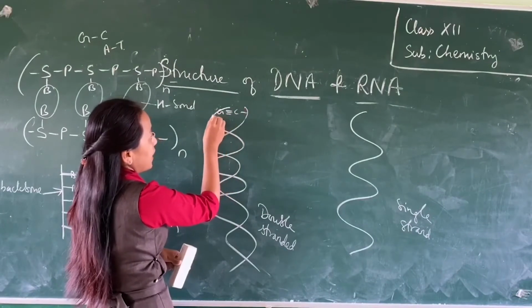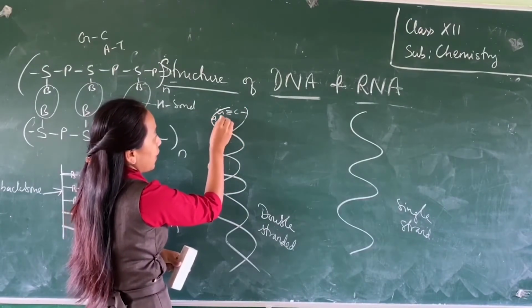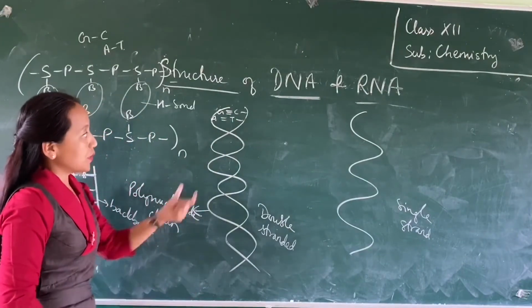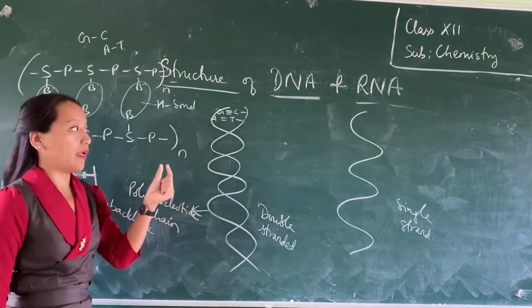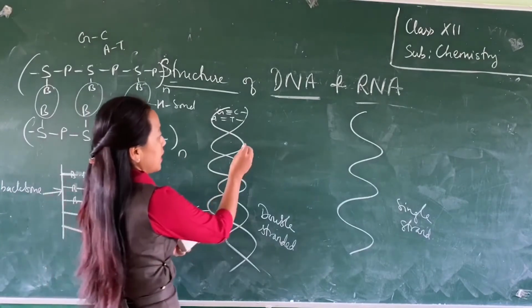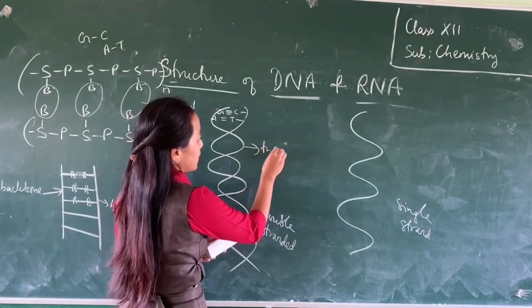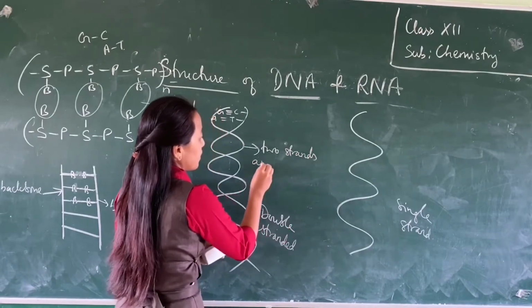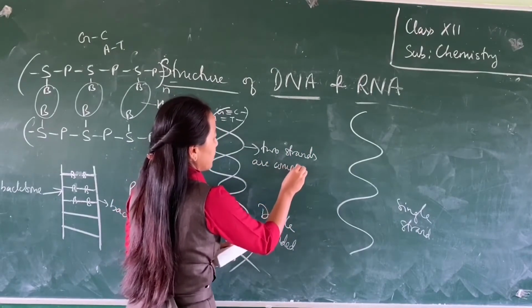If you have adenine, then it will pair only with thymine through a double bond. So these bases are complementary to one another. That's why we say that these two strands are complementary to one another.